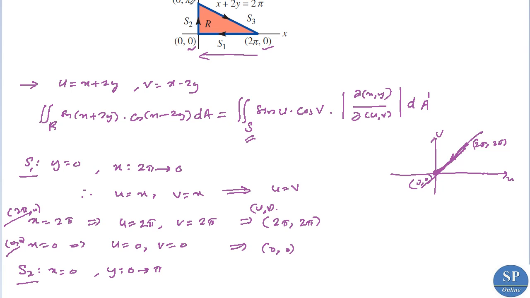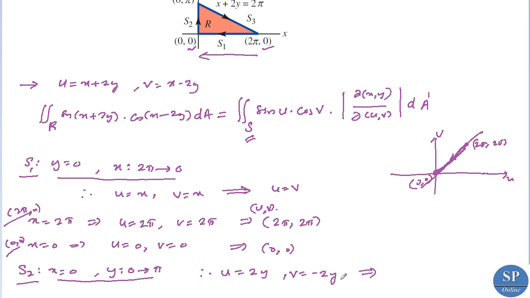Therefore on that line, since u equal to x + 2y and x equals 0, u equal to 2y, and since v equal to x - 2y, we have v equal to 0 minus 2y, that is -2y.